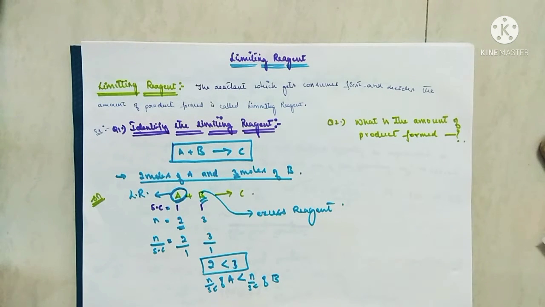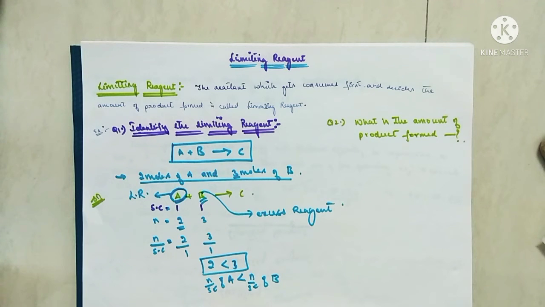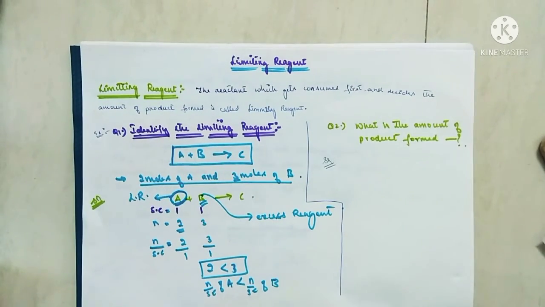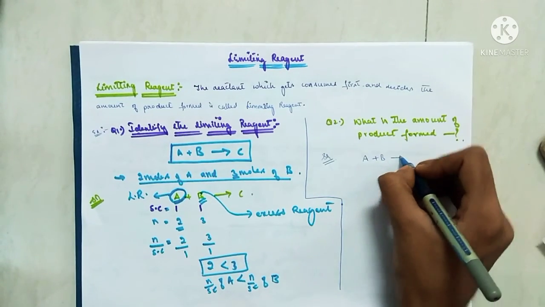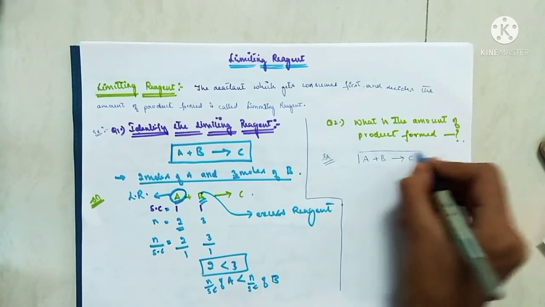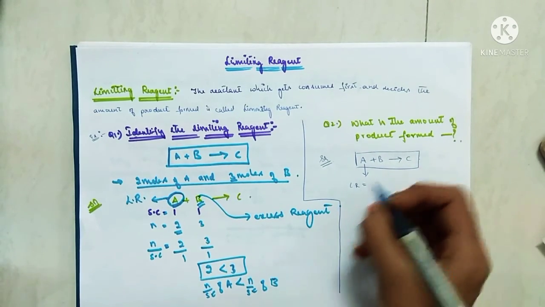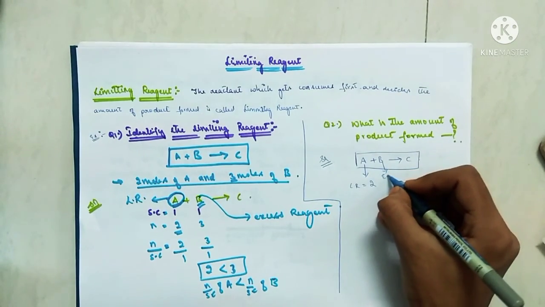And the second question is, what is the amount of product formed, that is, the amount of C formed? In the equation A plus B gives rise to C, A is the limiting reagent and its value is 2, and B is the excess reagent.